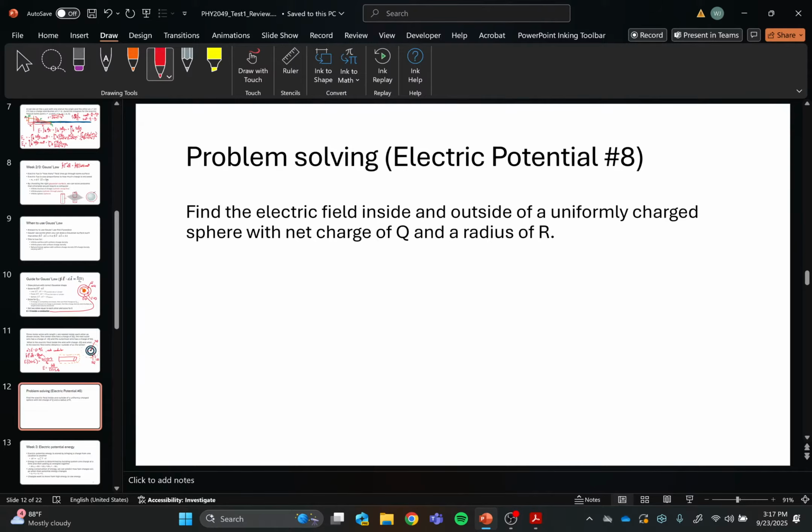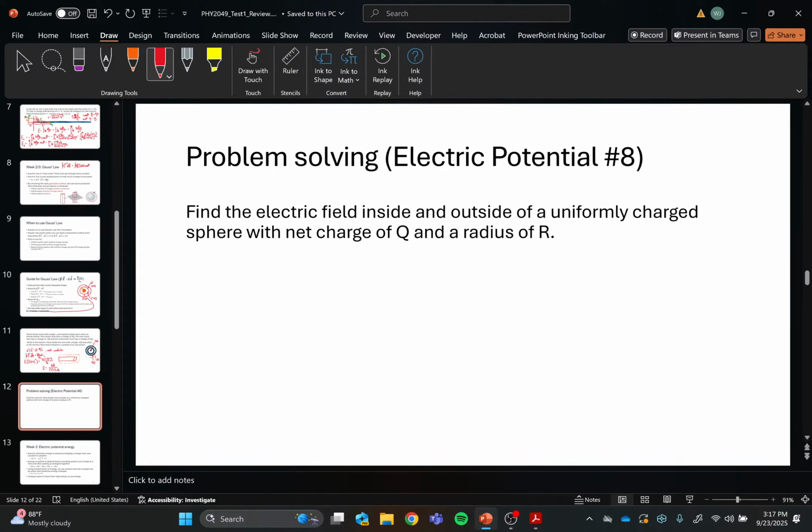Are you inside or outside? Which one are you solving? If you're solving inside, you want your Gaussian surface to be inside. There are two different cases. Let's just say this is outside. Great, now we're outside. So then we do E dot dA. What is my area going to be?